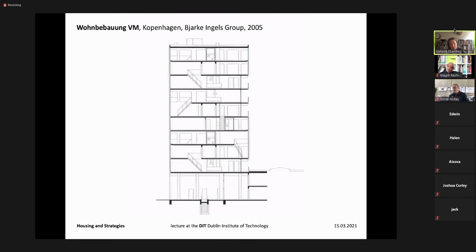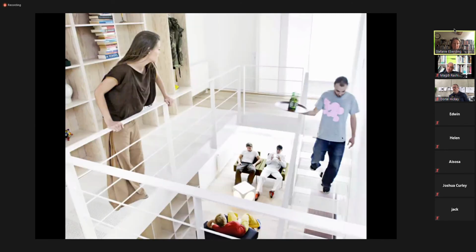Think of the Corbusier building. You can see the corridors sticking in the middle, and every two levels there's just one corridor to access the apartments. You have good lighting, and you have really atmospheric spaces.